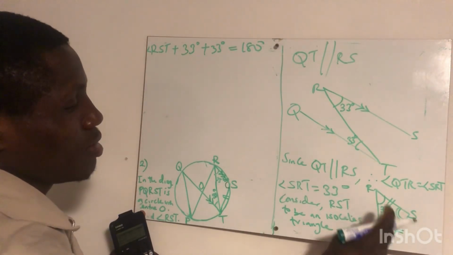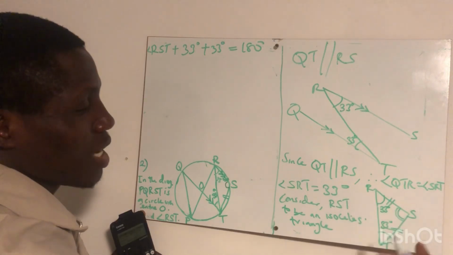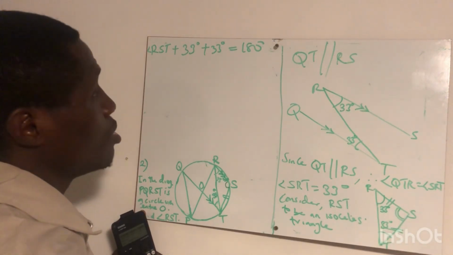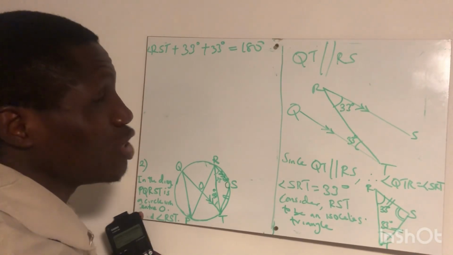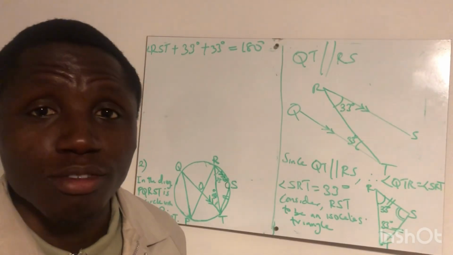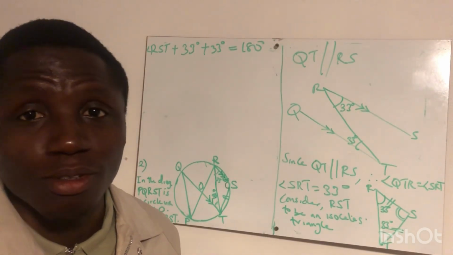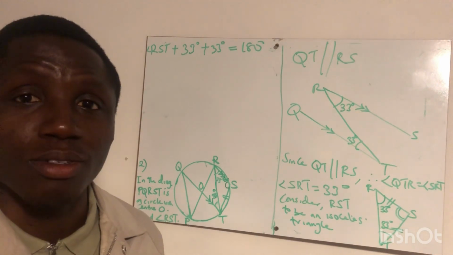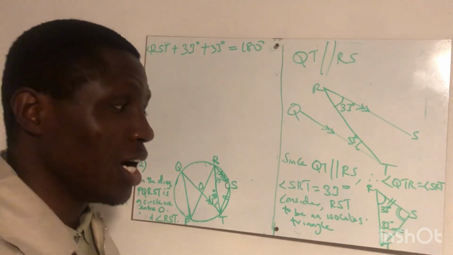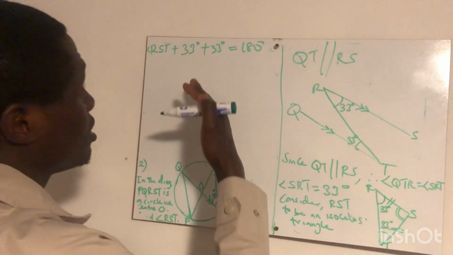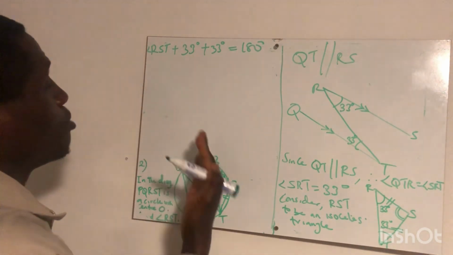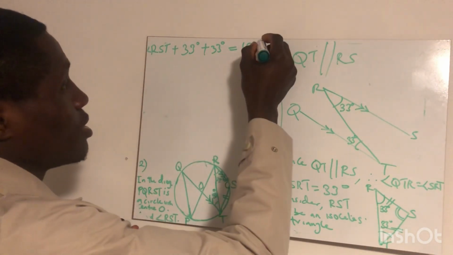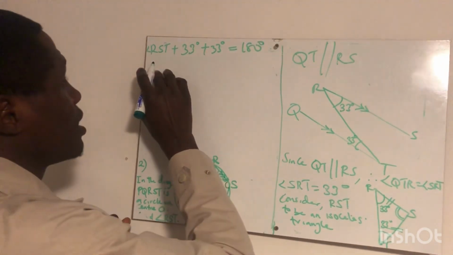Since I have these two angles of a triangle, I can easily get the third angle using the principle of the sum of angles in a triangle. Whenever you have two angles in a triangle and you have to look for the third one, you add: the sum of angles in a triangle is equal to 180 degrees. So 33 degrees plus 33 degrees plus what I'm looking for gives 180 degrees.